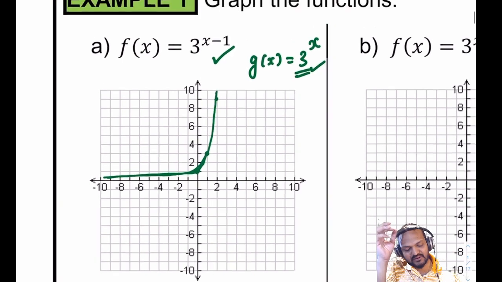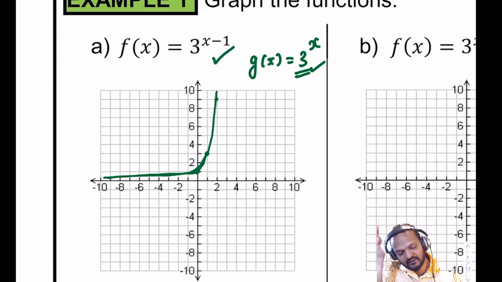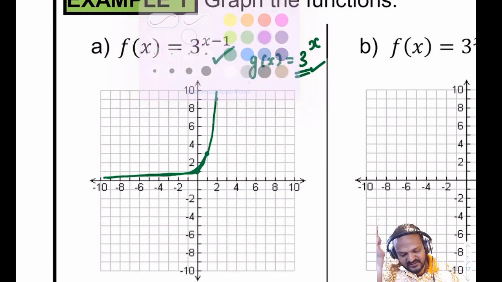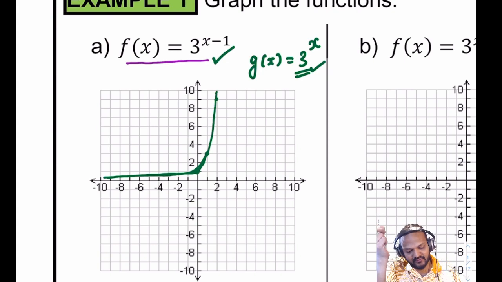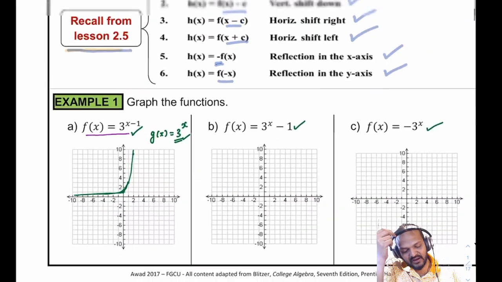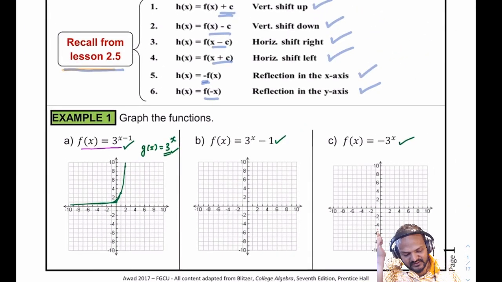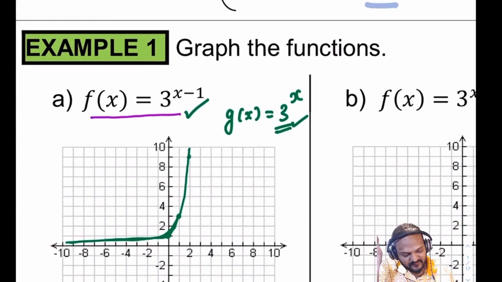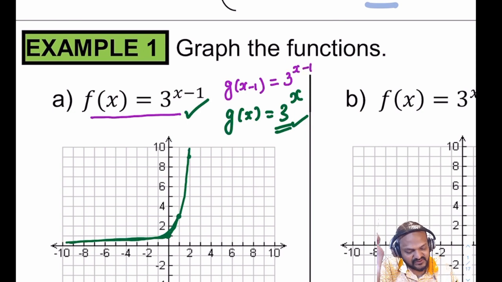All right, now let's see what this means. So here is the function g of x equals 3 to the x. Let's take a look at what the function 3 to the x minus 1 is going to look like. If this is g of x, and I try to find g of x minus 1, that would be 3 to the x minus 1.